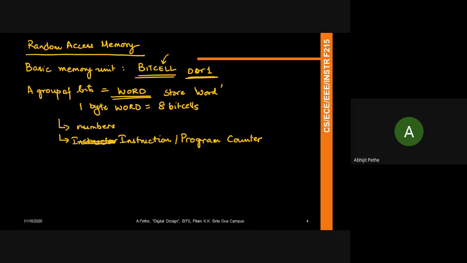So you'll have a digital counter, which has a digital output, and that will be pointing to where in the instruction set I am looking. Your memory will have a bunch of instructions, and you'll have a program counter that points to an instruction. It will tell you, okay, this is the current instruction I'm working on, and my next instruction is going to be so and so. So that's where you use memory.